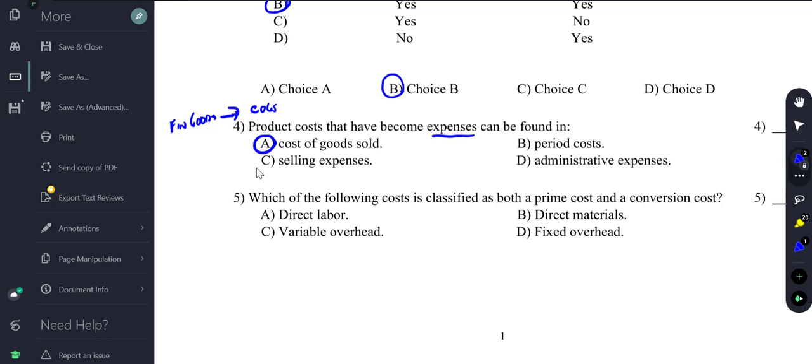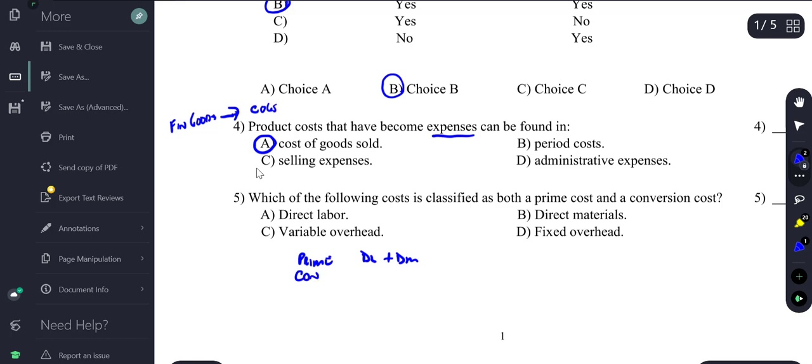Number 5, which of the following costs is classified as both a prime and a conversion cost? Well, prime costs are going to be direct labor and direct material. So we have two costs there.